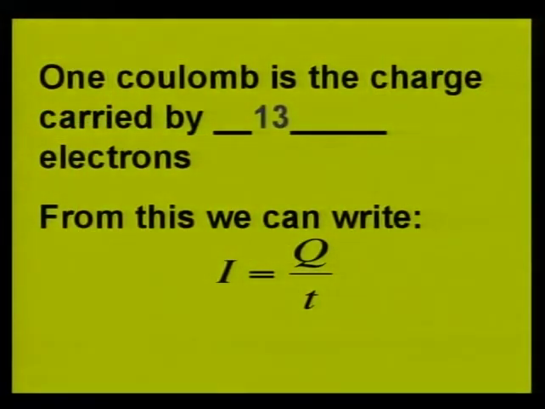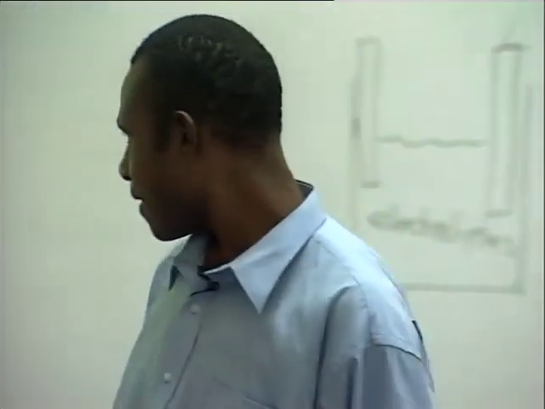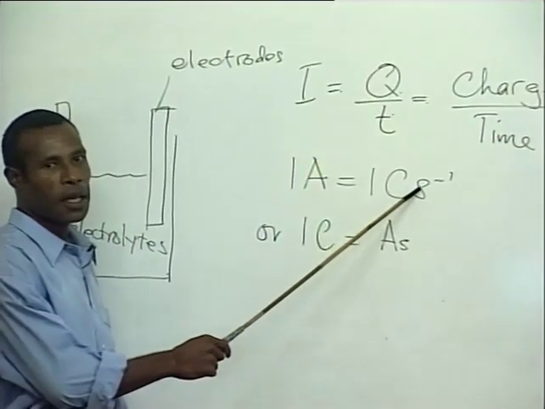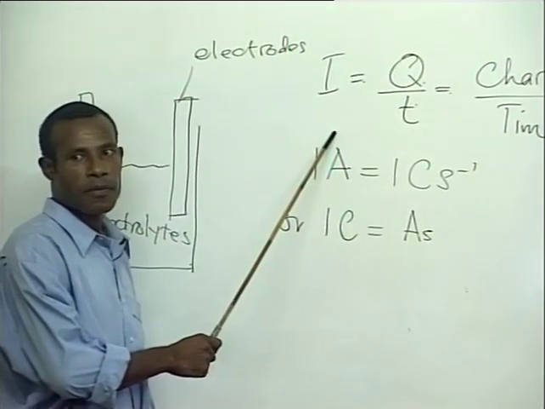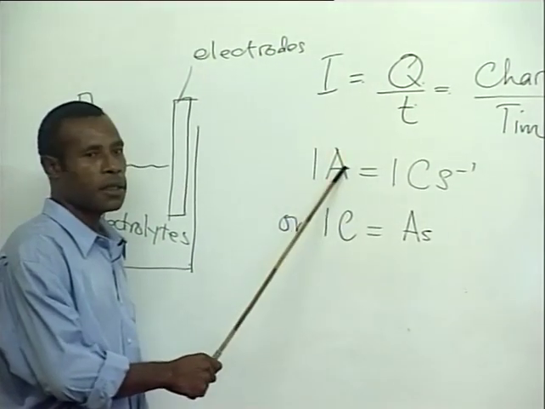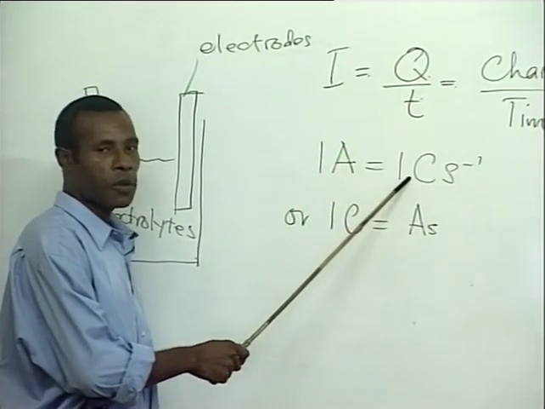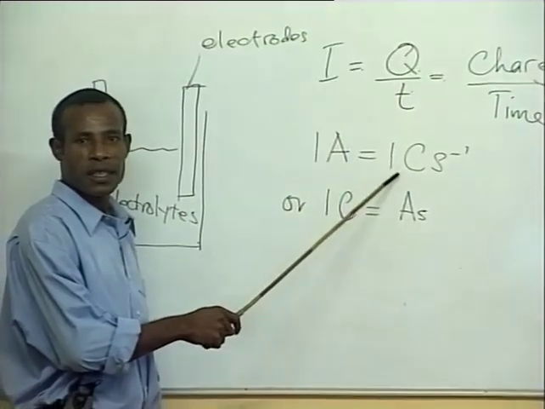From this we can write this equation as current equals charge over time. And it is given on the board here as current, which is 1 A, which is equal to 1 coulomb per second, meaning that a coulomb of charge has passed a point in 1 second.